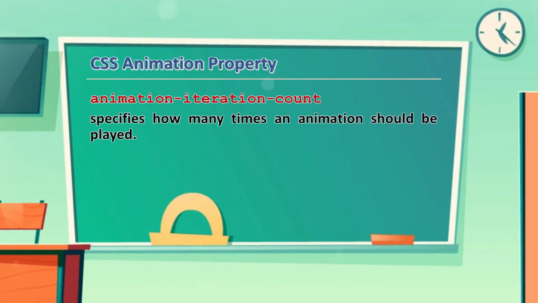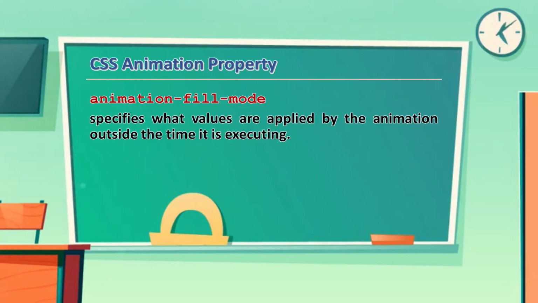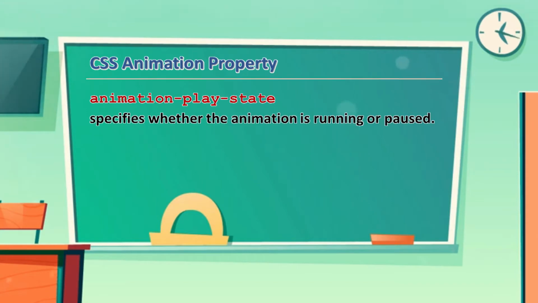Animation iteration count specifies how many times an animation should be played. The animation direction value specifies whether or not the animation should play in reverse on alternate cycles. Animation fill mode specifies what values are applied by the animation outside the time it is executing. And lastly, animation play state. It specifies whether the animation is running or paused.